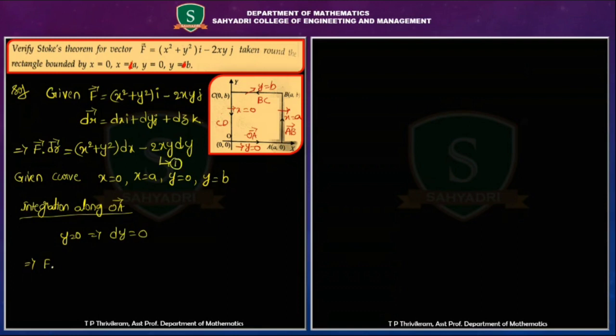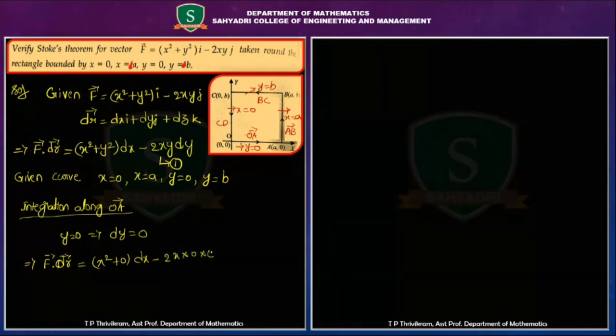So F dot dr is equal to, you substitute y equal to 0 and dy equal to 0: x square plus 0 into dx minus 2 into x into 0 into 0.